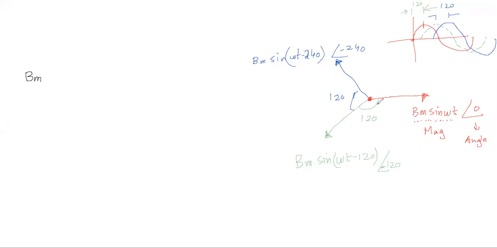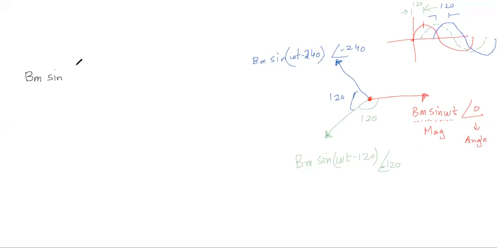So the angular separation for this magnetic field is always 120, but their magnitudes can do different funny games, as I told you in the last slide, because of this diagram. When one is at its peak, the second may be going to 0, the third one will be at maybe its negative peak. So we add them up to see the effect.